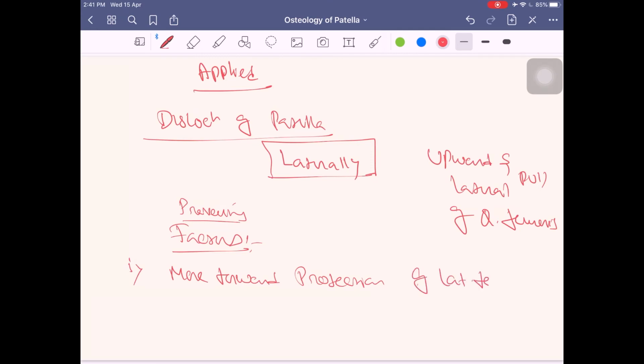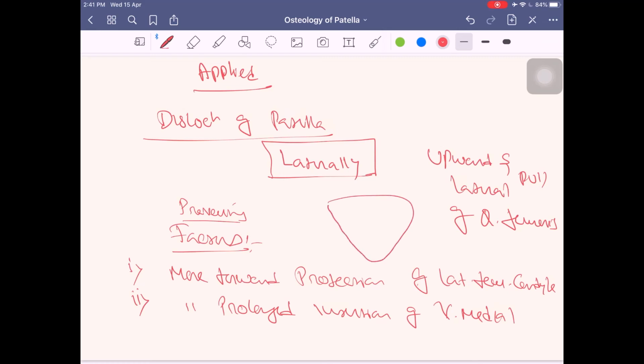If you see the lateral femoral condyle with the medial femoral condyle, the lateral femoral condyle is projected more forwardly. That gives more area for it to play around. There is also a more prolonged insertion of vastus medialis on the medial border compared to your vastus lateralis.